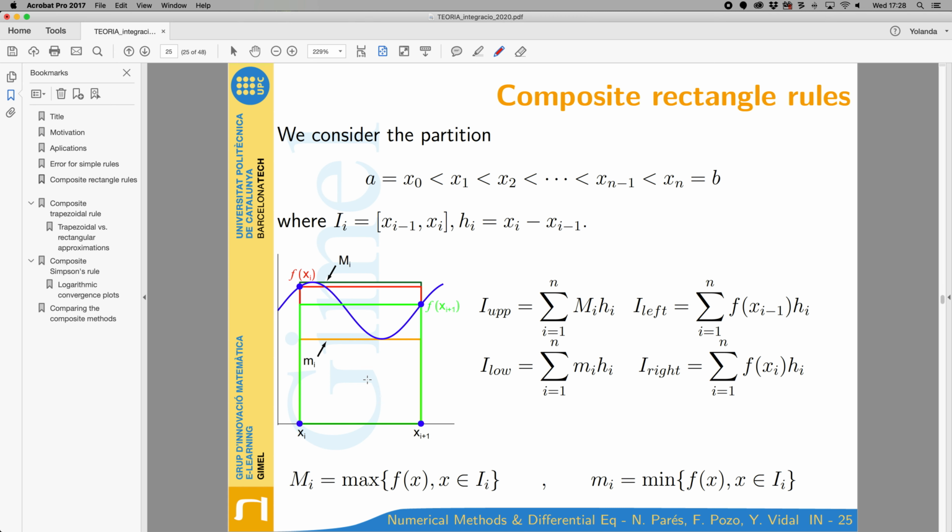If we want to use the composite rectangle rule, what we will start doing is subdividing the interval AB in subintervals.